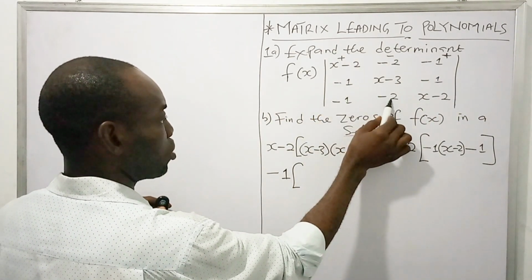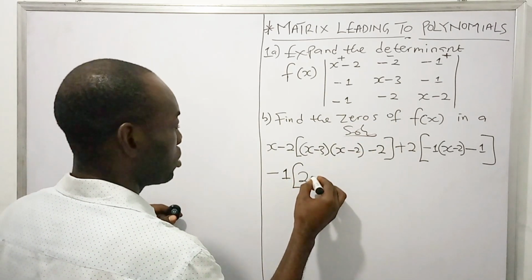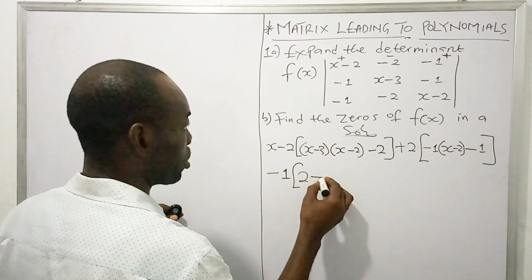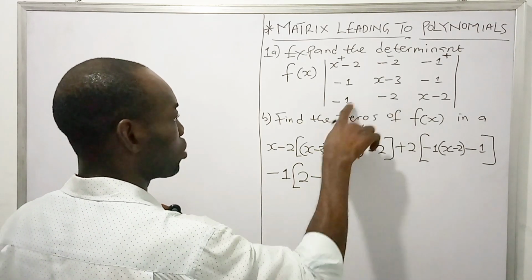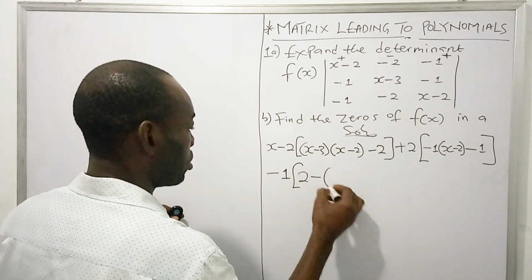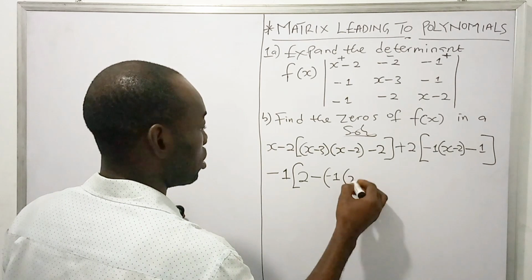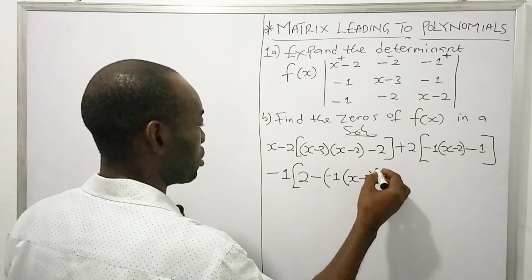Minus 1 times minus 2 will give us 2. Then minus the product of these 2, which is minus 1 multiplying x minus 3. We close the bracket.